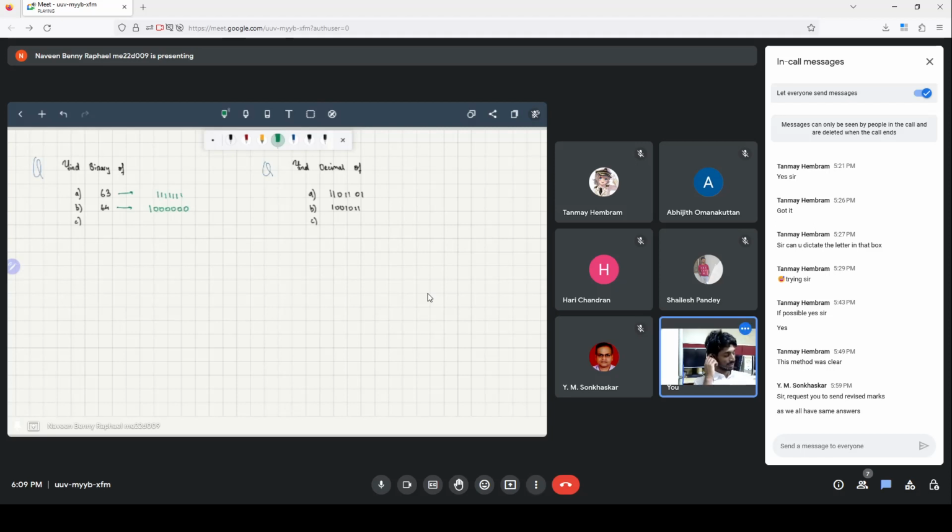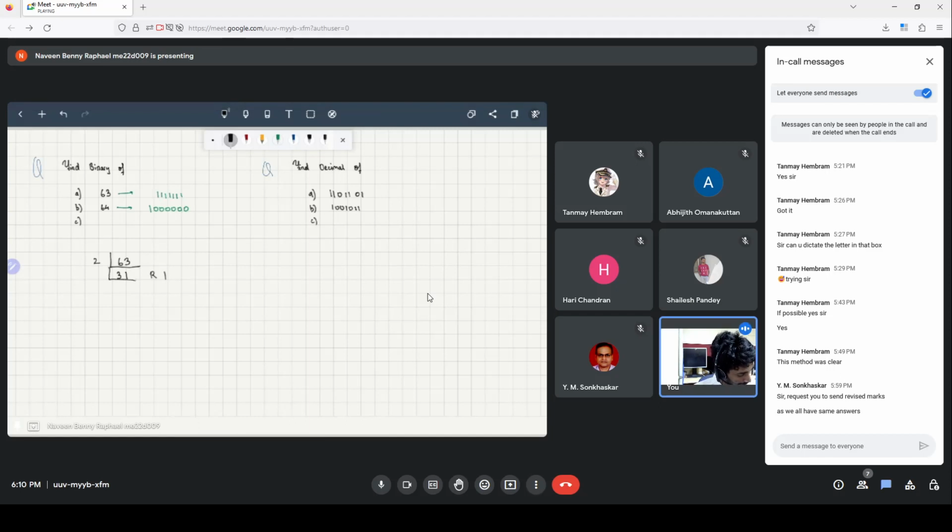Okay, I will show how to get these. We usually convert from decimal to binary using the short division notation. Say I have the number 63. I divide by 2 and we get 31 and remainder 1.